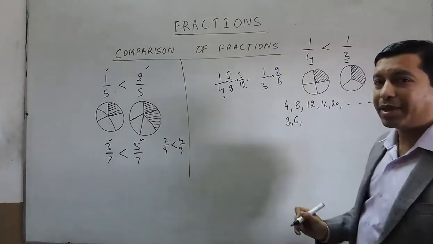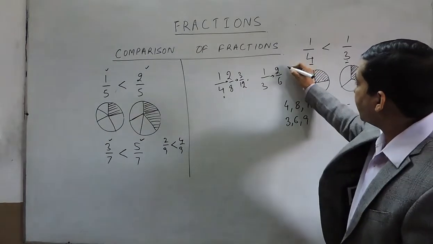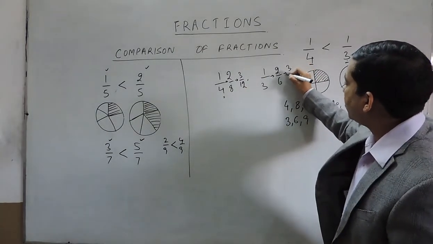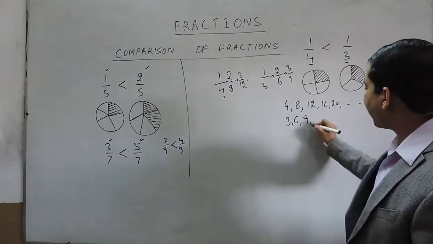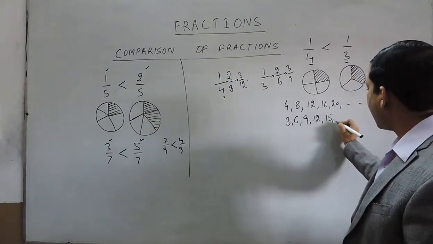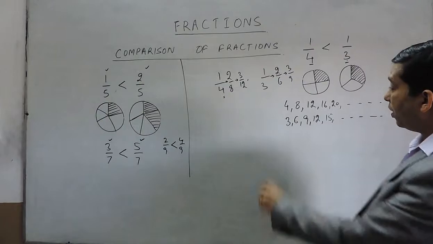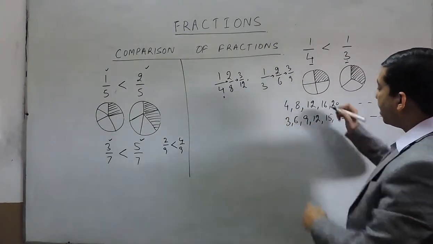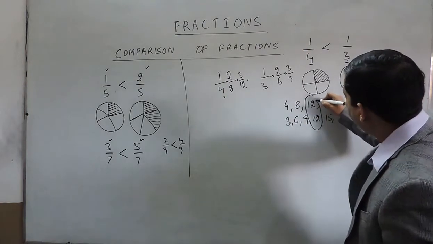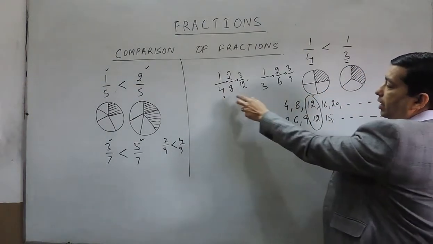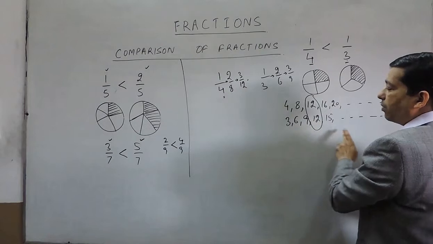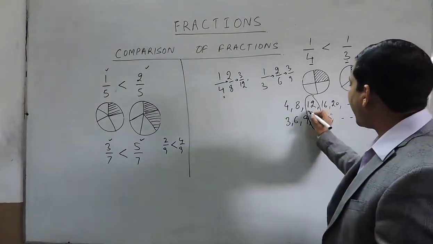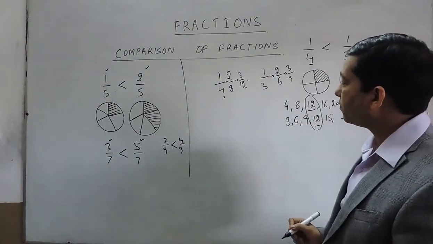The denominator can be 9, like 3 upon 9, and it can be 12, 15 and so on. Now 4 and 3 are different, 8 and 6, 8 and 9 are different. So 12 is the first number which is the same in the table of 4 as well as in the table of 3. So we can equate the denominator to be 12.